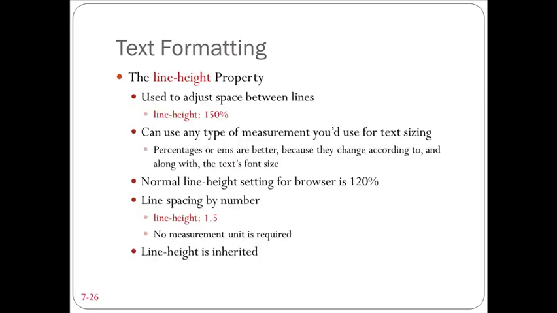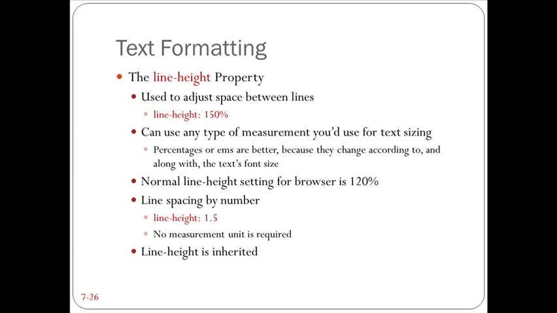The line height property. This is actually going to be talked about next week in one of the videos as well, but it was appropriate to put it here, I felt, instead of where they have it in the book. But it just is used to adjust the space between the lines. Like the line height equal to 150%.